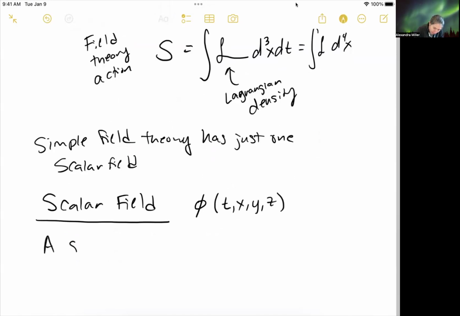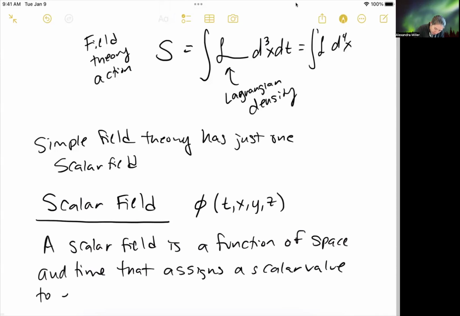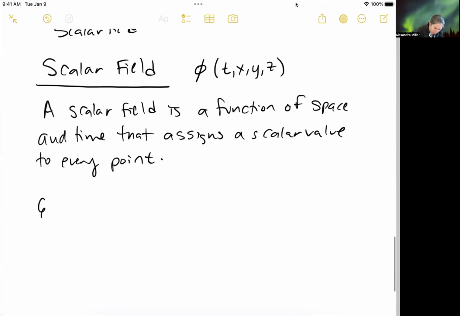So a scalar field is a function of space and time that assigns a scalar value to every point. A really simple example of this is a temperature field.